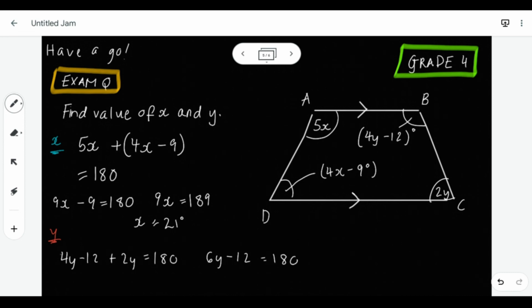Then we solve for y, adding 12 to both sides, which should give us 192 on the other side. And then dividing 192 by 6 and the 6y by 6 should give us y equals 32. And there we have it.